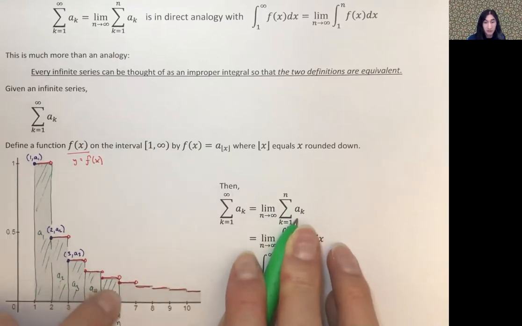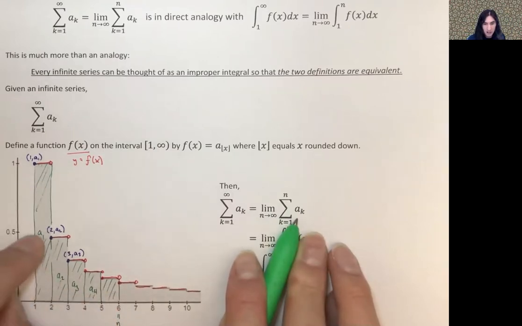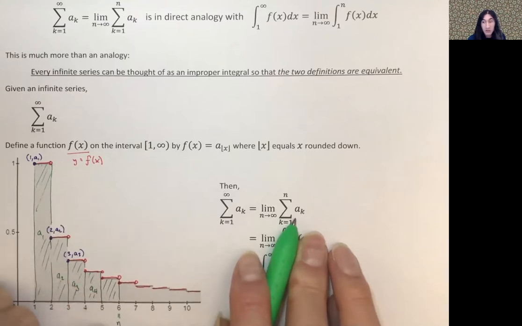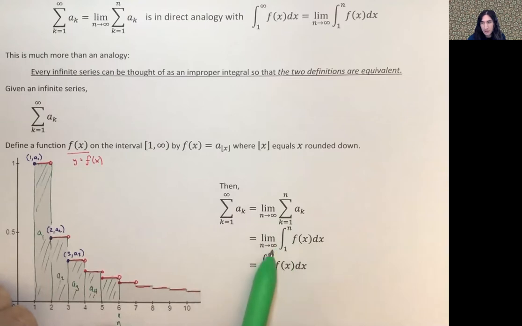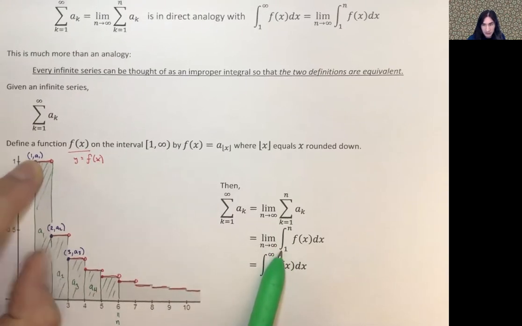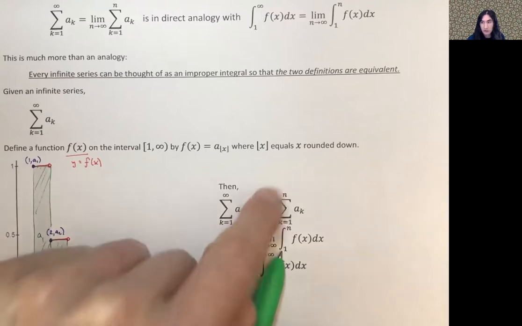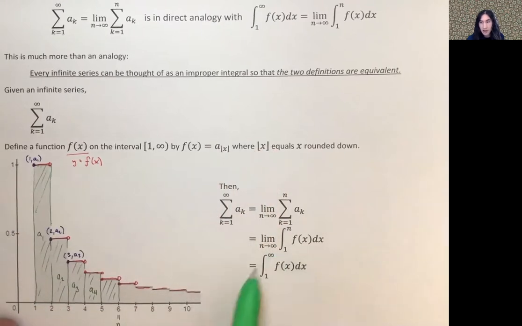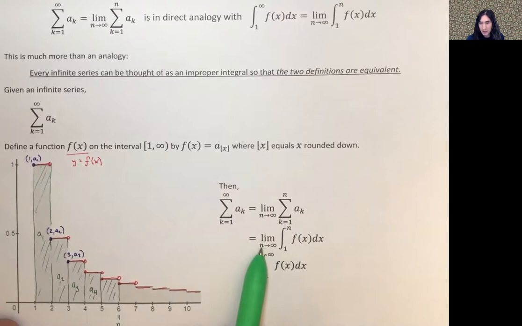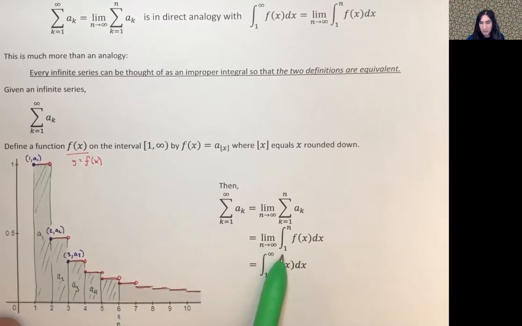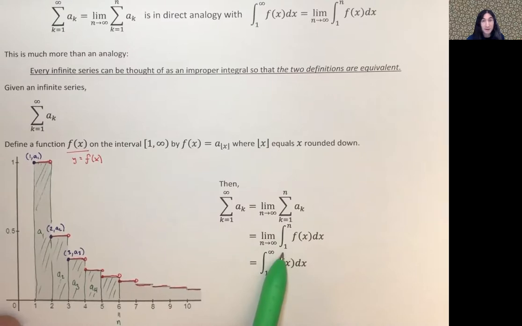But you can also calculate that area, not just by adding up A1, A2, A3, A4, and so on. You can also calculate it by doing the integral under the function that is the red curve that I defined here using the floor function, okay? And so you see we have a limit now of a definite integral from 1 out to n, and the limit as we go to infinity is an improper integral.